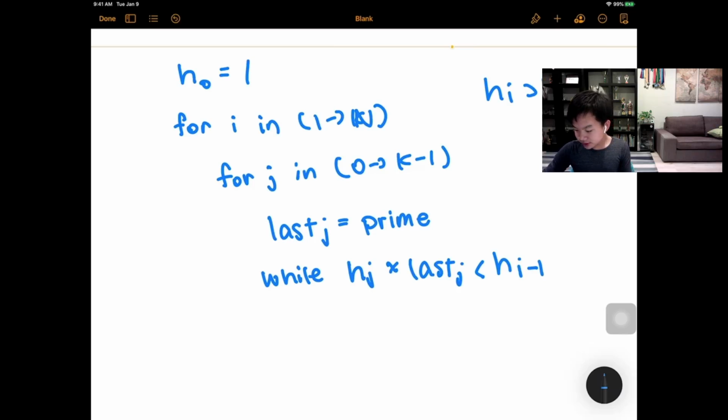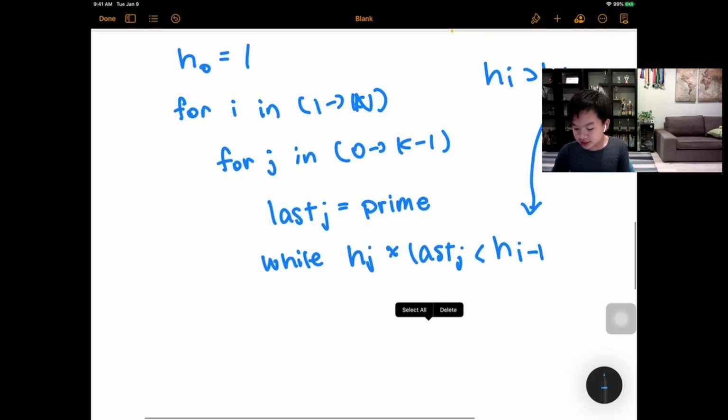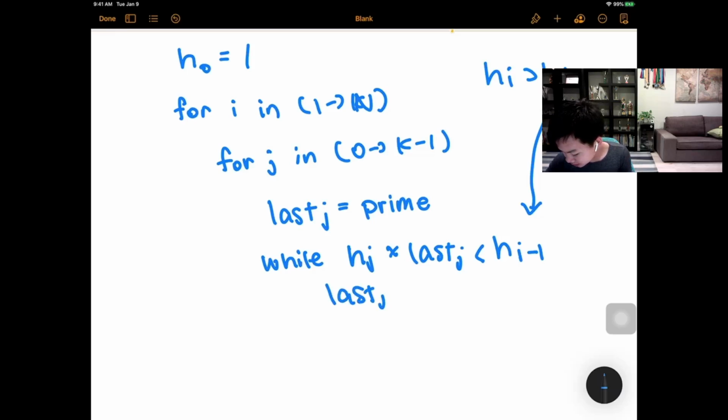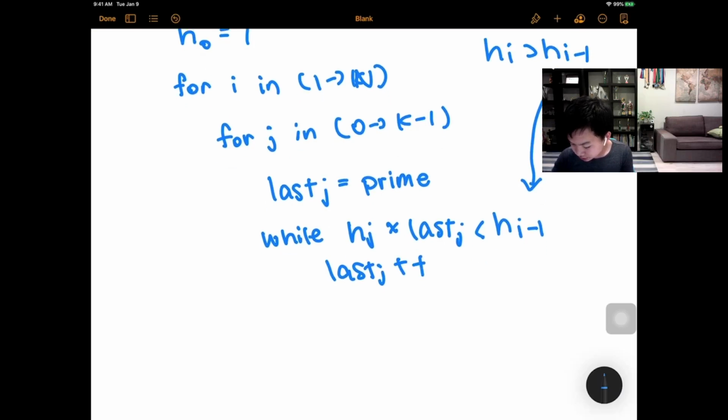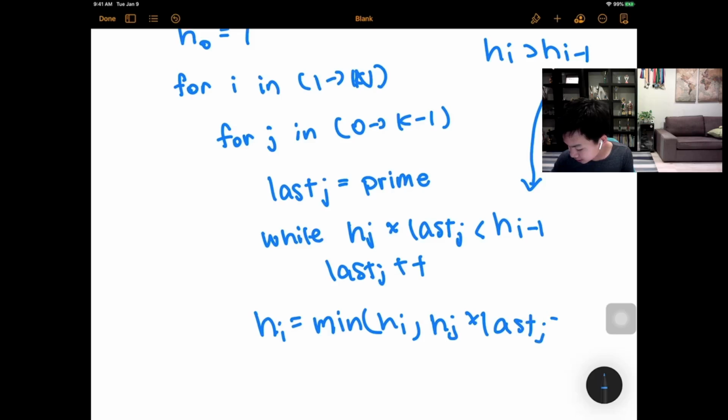So for this to work as a replacement, you know that you can't use this last. So for this example, you would just increment this. And after this, since you want the minimum, h of i would be equal to the min of h of i and h of j times last j.